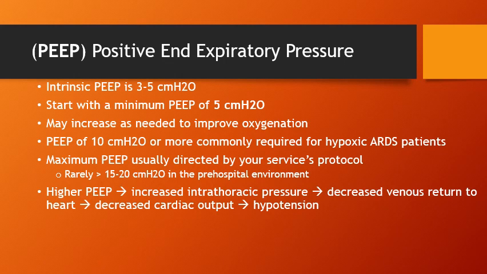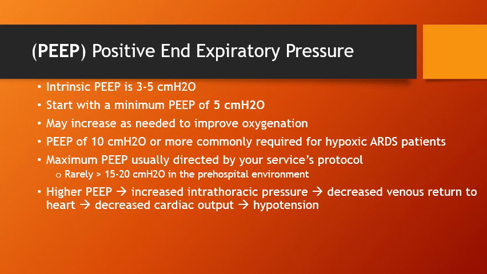So remember, with each of those things, the higher pressure we use, whether it be with the BVM or with the CPAP, we're going to increase the patient's intrathoracic pressure. So the pressure inside their chest is going to increase the higher the PEEP is, or the higher the pressure we use. That's going to result in decreased venous return of blood to the heart. So less blood is going to be able to get back to the heart because of the higher pressure inside the chest.